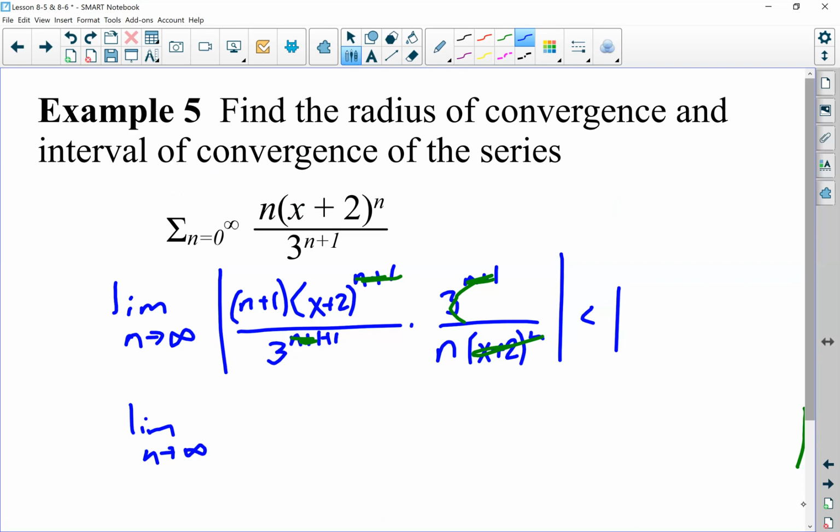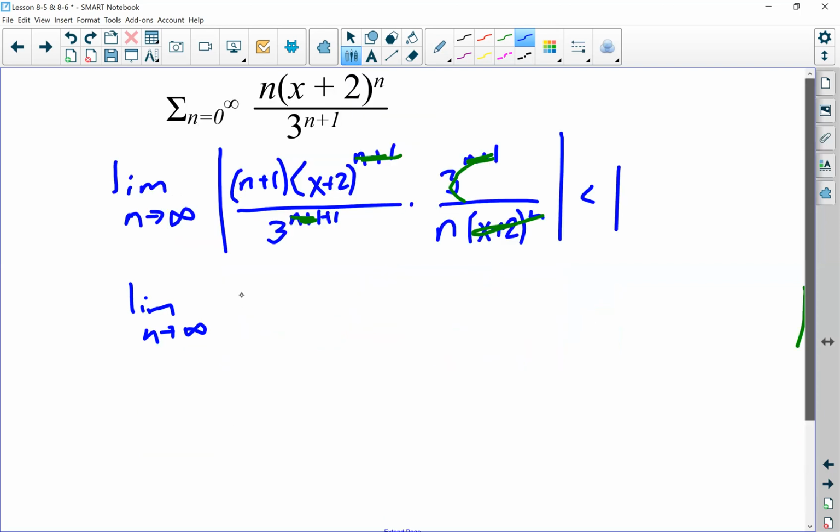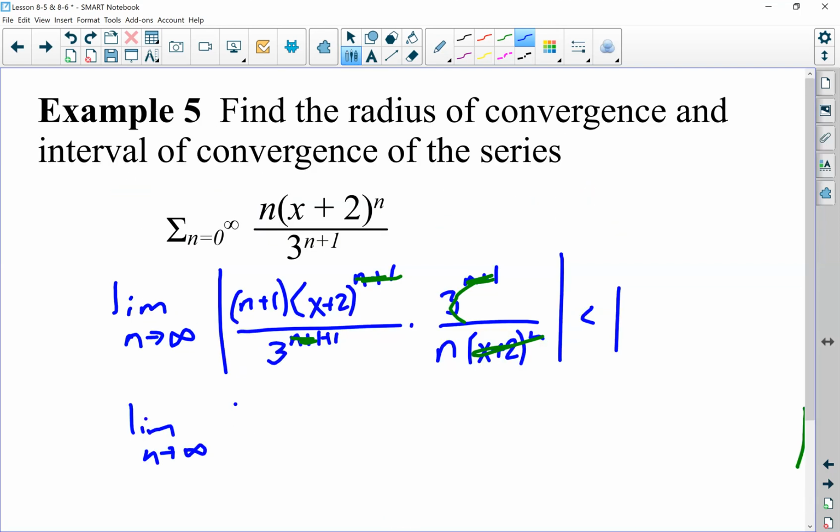I take the limit as n approaches infinity of (n plus 1 over n) times (x plus 2 over 3).